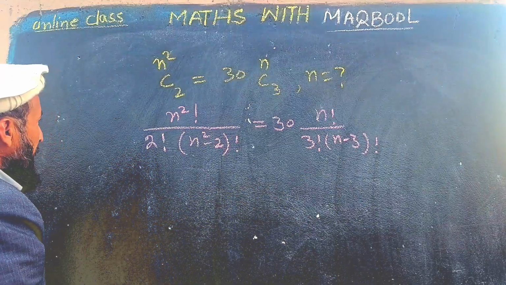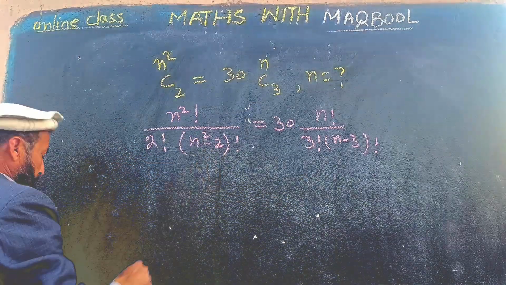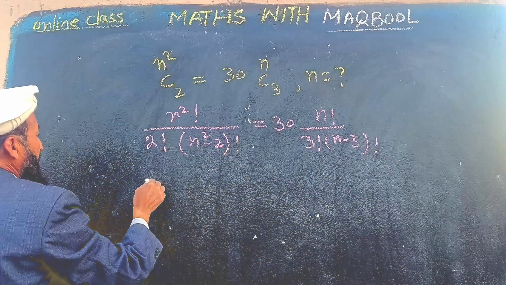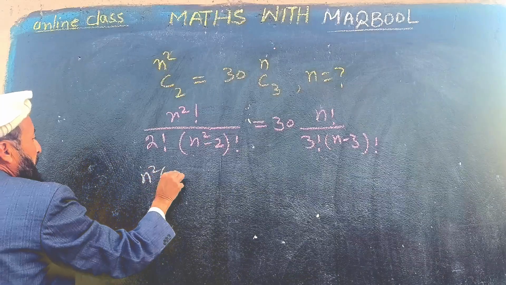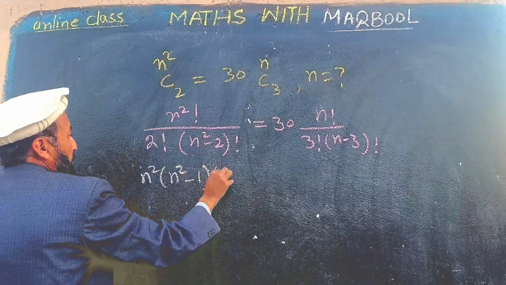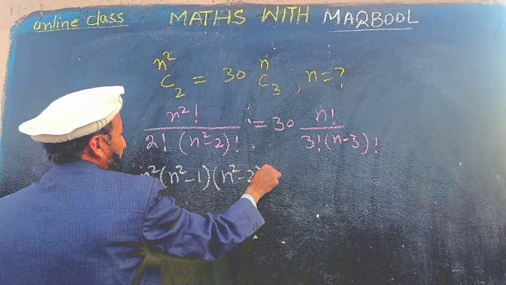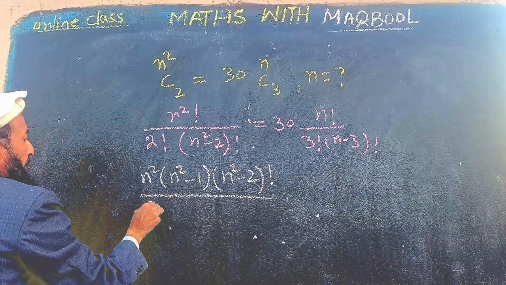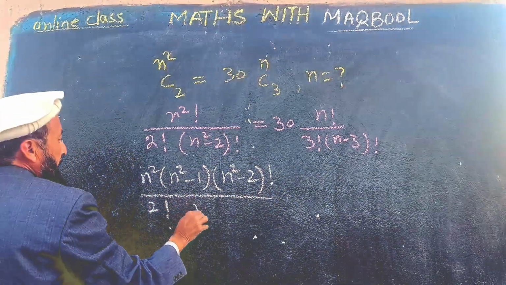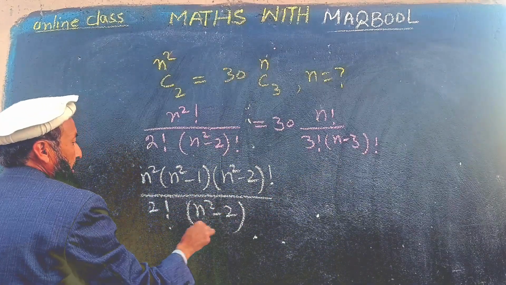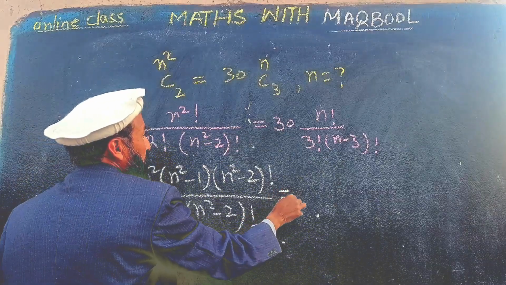Now we expand the term n² factorial up to n² times (n² minus 1) times (n² minus 2) factorial, divided by 2 factorial times (n² minus 2) factorial, equal to 30.